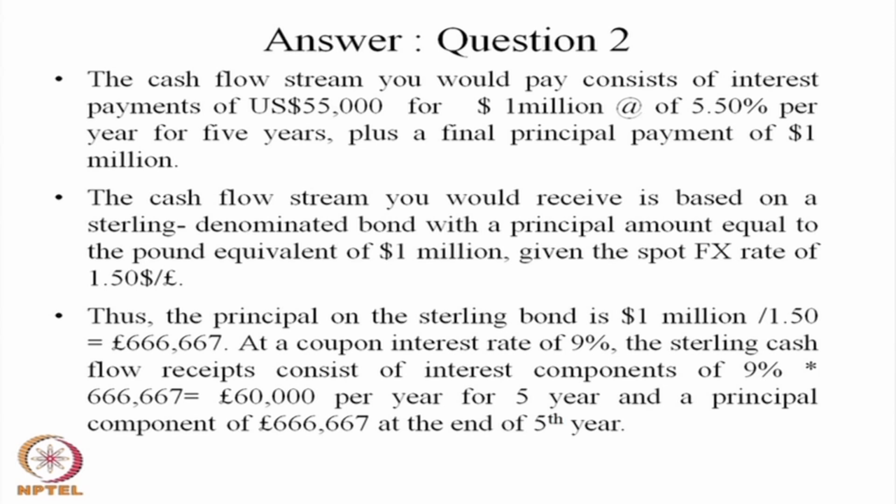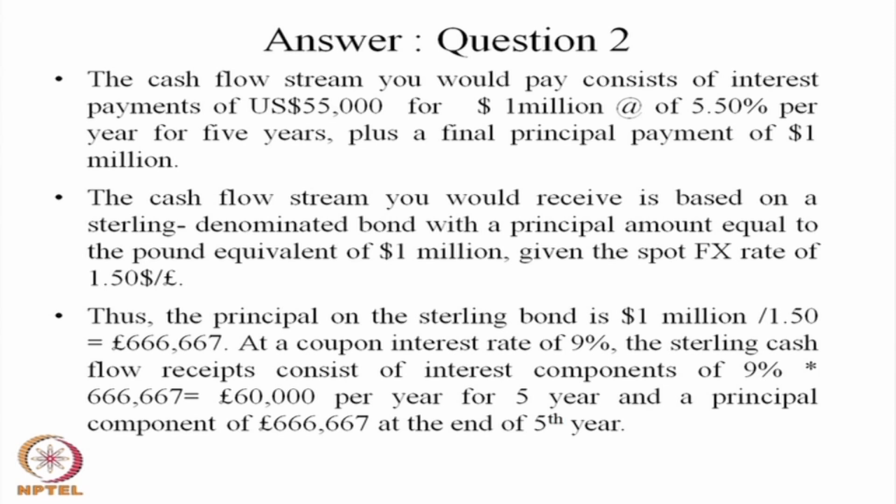The cash flow stream would be received based on a sterling denominated bond with a principal amount equivalent to 1 million. On the pound sterling side, the dollar equivalent of 1 million at exchange rate 1.5 gives a principal amount of 666,667 pound sterling, and the coupon interest rate is 9%.